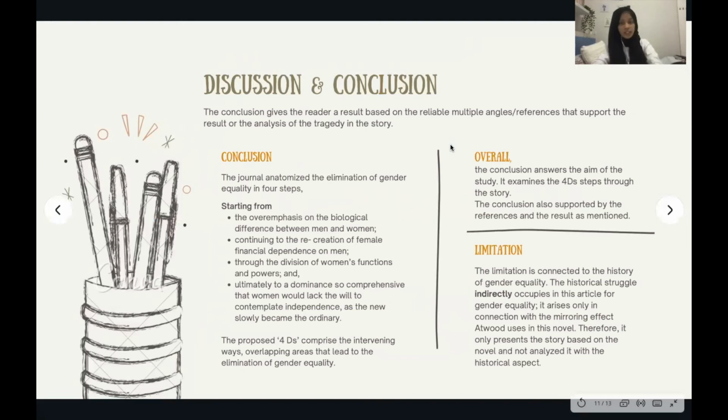For the discussion and conclusion, this conclusion gives the reader a result based on reliable multiple angles or references that support the result or the analysis of the tragedy in the story.